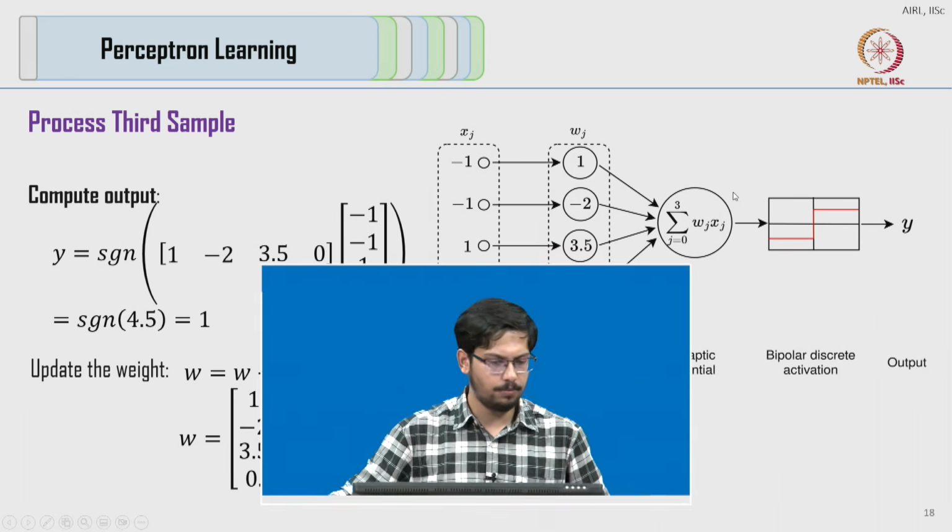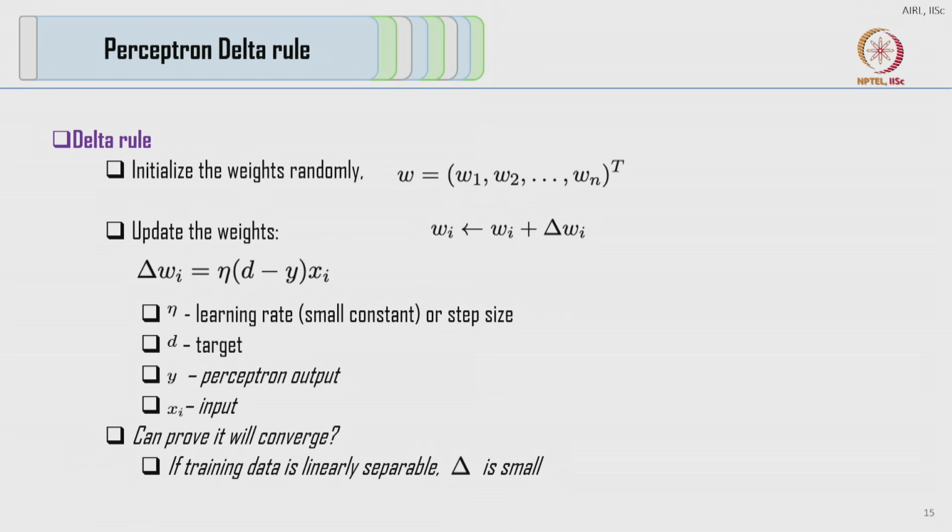So we will start with the perceptron delta rule. Now let us assume that we have all the weights in the perceptron, which is given by W. So W is from W1 to Wn, which are all the set of weights for the perceptron.